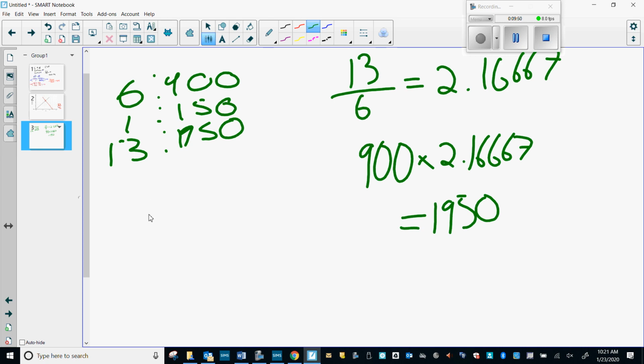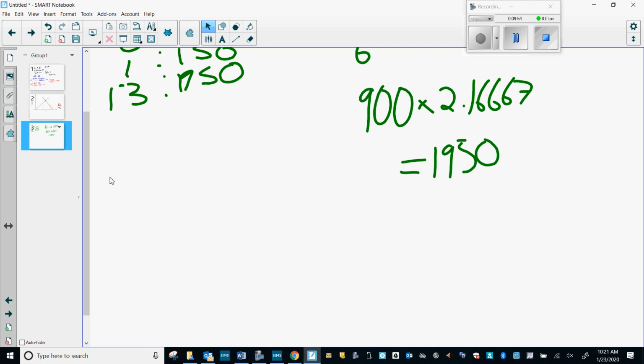Okay, do you want to do part B? Delia makes leek and potato soup for a group of people. She uses 1,250 grams of leeks. On your grid, for 6 people you need 750 grams of leeks.